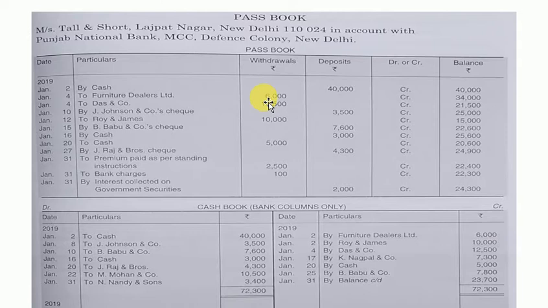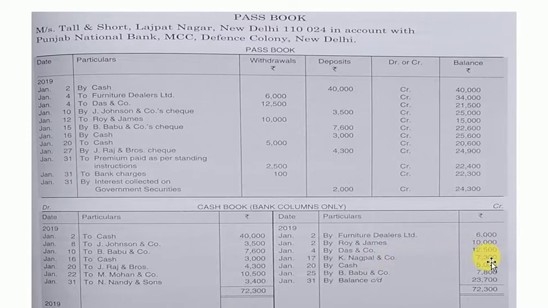But now I'm going to show you a check which is appearing only in the cash book. If you can see here, on January 17, there is a check issued to K Nagpal and Company with an amount of 7,300. You see that, children? January 17, K Nagpal and Company, amount is 7,300.